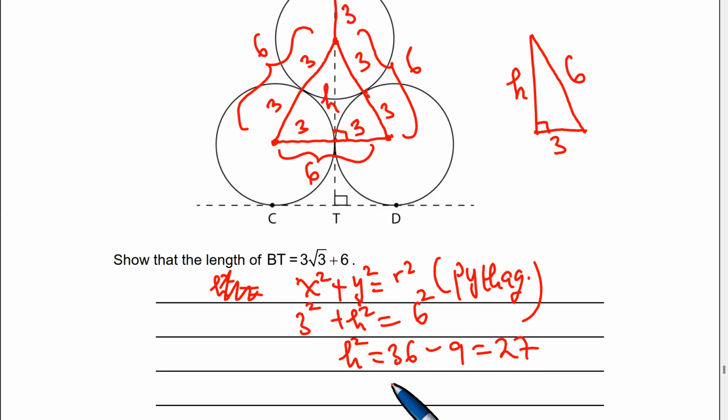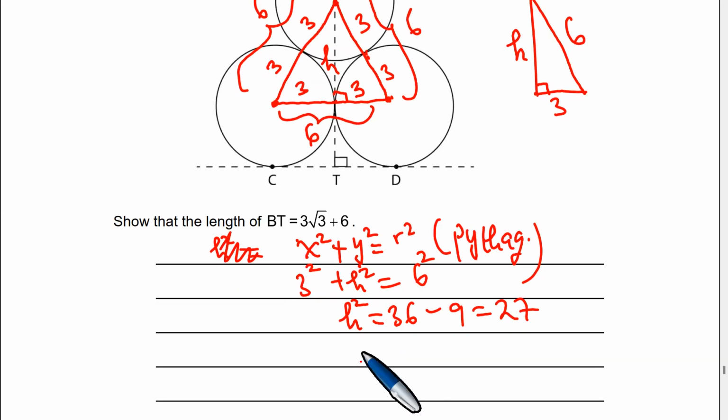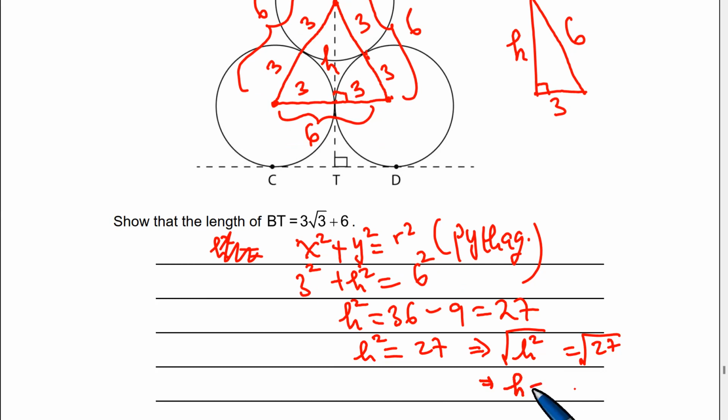So h squared is 27, and you take the square root. So h is the square root of 9 times 3. What is 9 times 3?